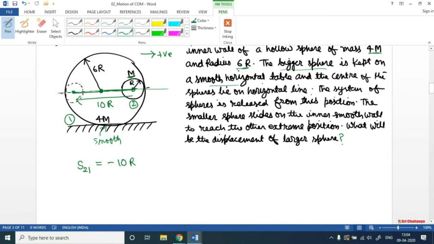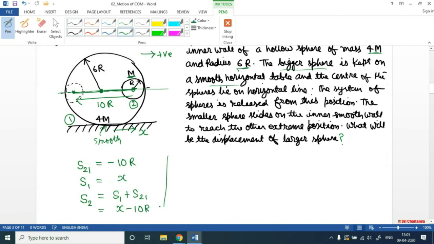Now let's say the displacement of body 1 is x. From that we can find the displacement of the smaller sphere with respect to ground, which is simply s1 plus s21, so x minus 10r.